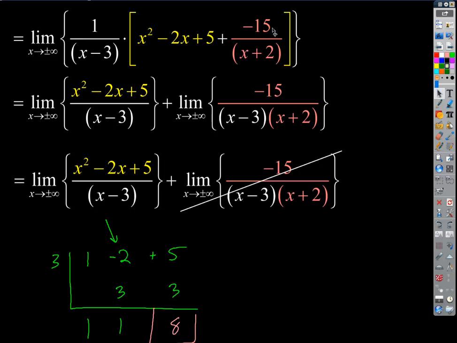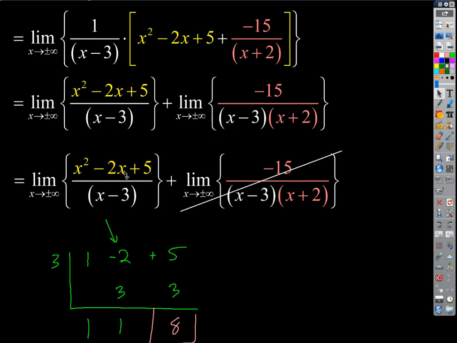So I'd end up with -15 over x minus 3 times x plus 2, right? But in the limit that x goes to plus or minus infinity, you guys see that that's going to go to 0, right? Because I'm going to get big powers of x on the bottom that are going to explode, right? So that part just goes away, which leaves us only with this other part, right?